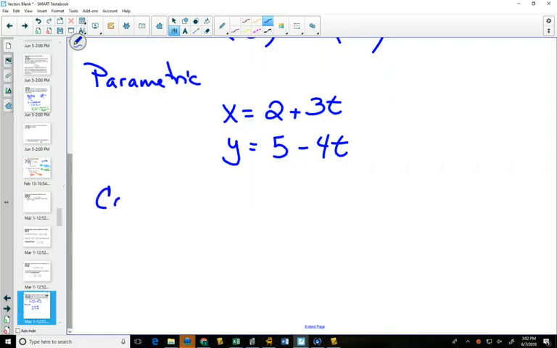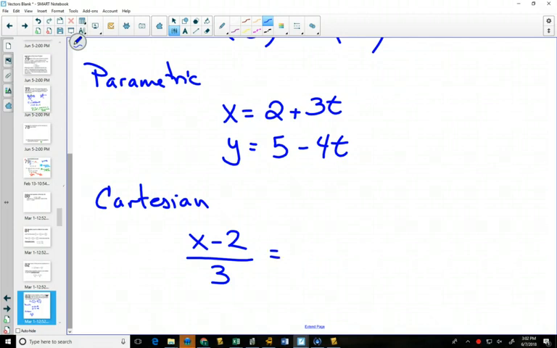My Cartesian equation would be solving for t. So you see in the first equation you could solve for t by moving the 2 over and dividing by 3. In the second equation I could solve for t by moving the 5 over and dividing by -4. So we've got our vector equation of our line, our parametric equations of our line, and our Cartesian equation of our line.